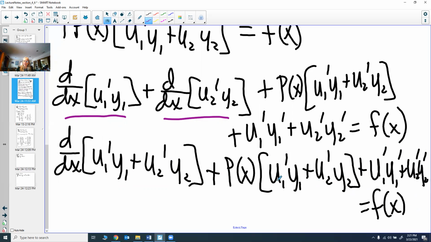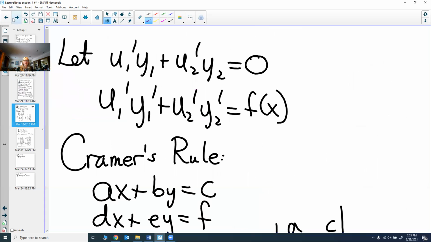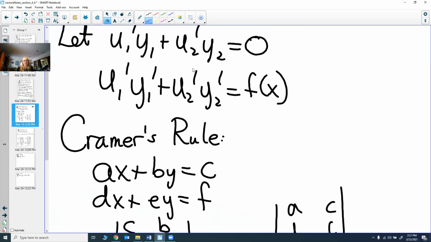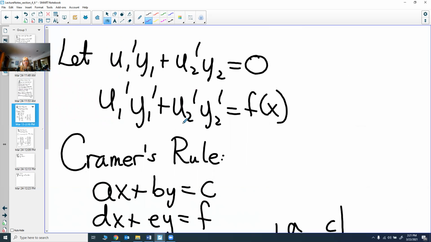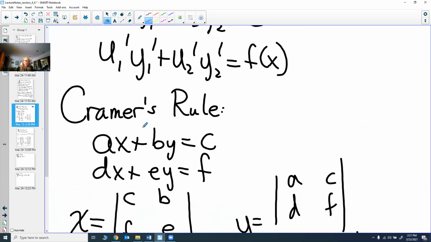We can let pieces equal something. If I let these two equal 0 and the other ones equal f of x, we end up getting a nice little system we can solve. And we can use a rule from systems called Cramer's rule.